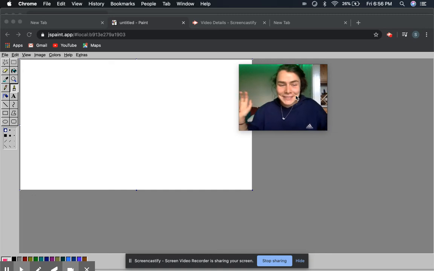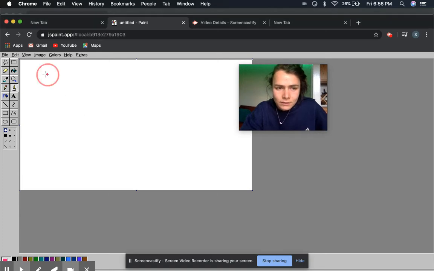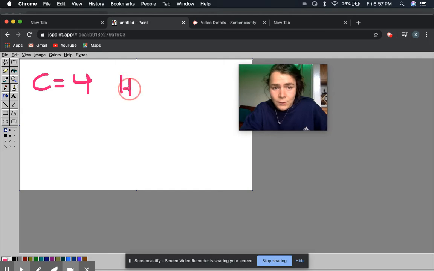All right, so the first step in doing our Lewis dot structures is to first find the total valence electrons of each atom that's engaged in the bonding. So let's take methane, CH4, for example. Carbon has 4 valence electrons, and hydrogen has 1, but there's 4 of them, so we'll multiply that by 4.